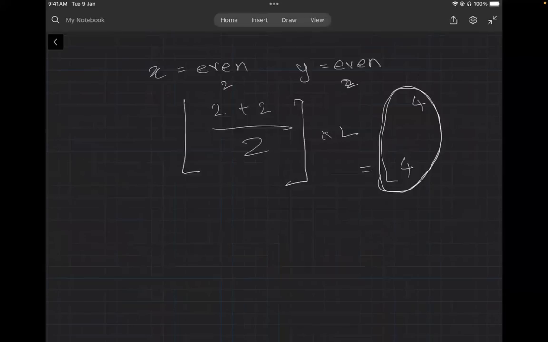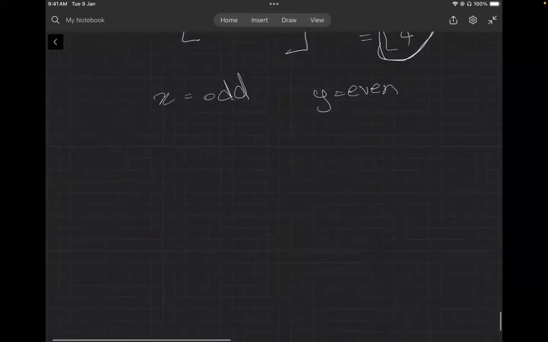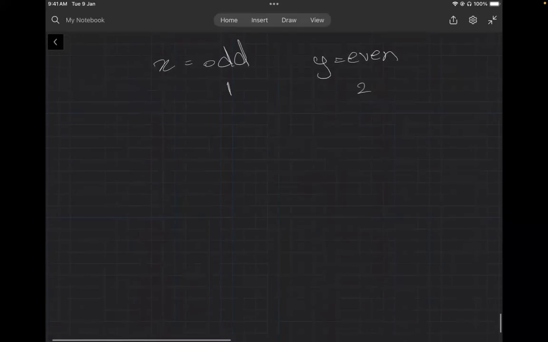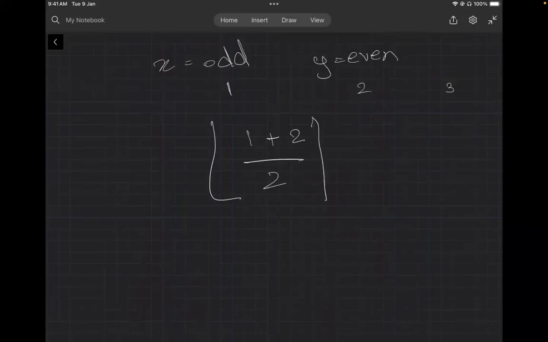Now let's take the last case where one of the numbers is odd and one of the numbers is even. Does the sum reduce here? x is 1, y is 2. The sum is 3. 1 plus 2 divided by 2 into 2. Here you can see that 1 plus 2 is 3. 3 divided by 2 is 1. And 1 into 2 is 2.